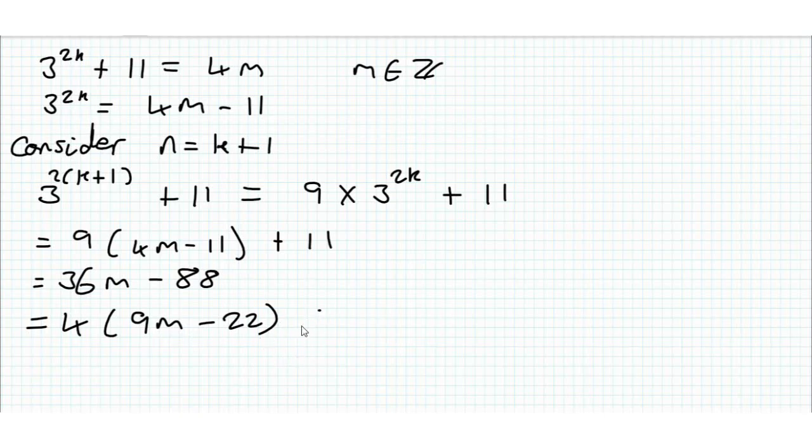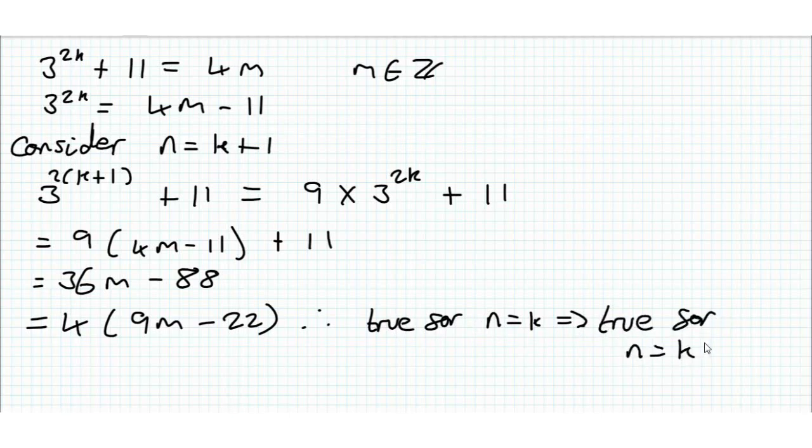So therefore, true for n equals k implies true for n equals k plus 1, and we have it that it's true for n equals 1.